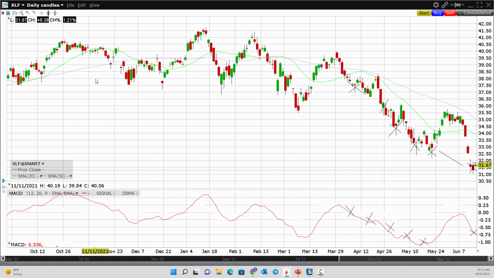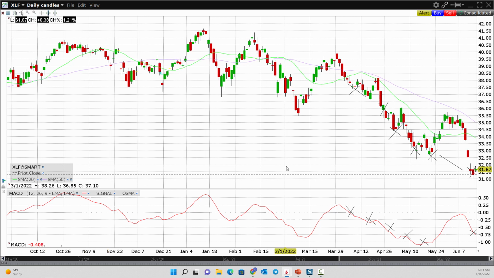You don't want to lean out too far over your skis or you'll go right over the top of them. Well, kind of the same concept here. Doesn't mean you can't be net short. I mean, that's the trend, but you at least have to be a little bit careful and cautious. We just don't have the same pressure we had before.